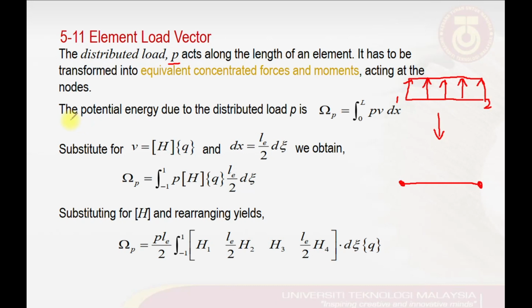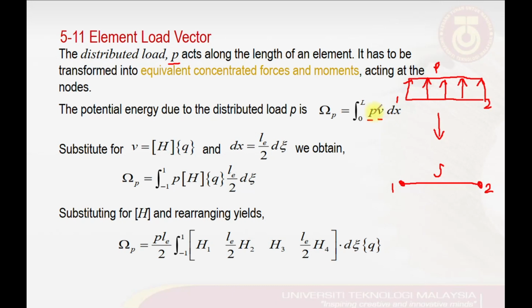So let's first look at the potential energy due to the distributed load, as obtained from the potential energy equation, which is given by the integration over the length of the element. We integrate from node number 1 until node number 2, integrating the distributed load P multiplied by the deformation field and by the distance dx.